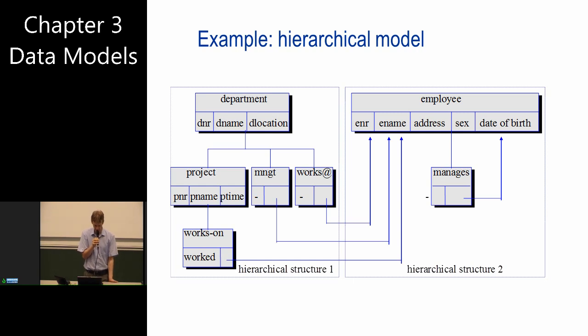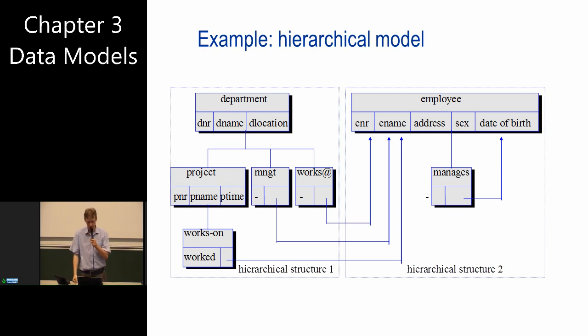Below project, you will see the works on virtual child record type to know what employee works on what project. So this is a virtual child which is needed to implement the n-to-m relationship type between project and employee. You also see that in the works on virtual child record type, you have worked, and this is going to represent the number of hours that an employee worked on a particular project.